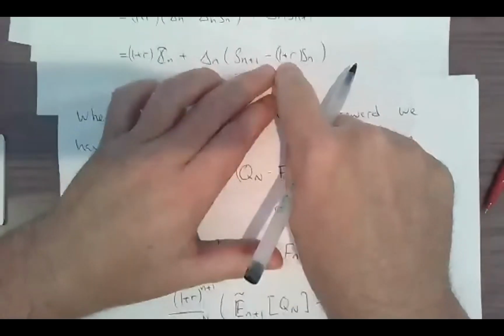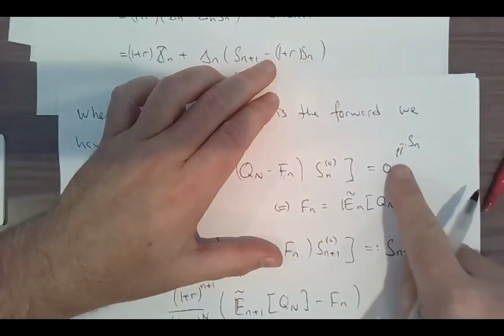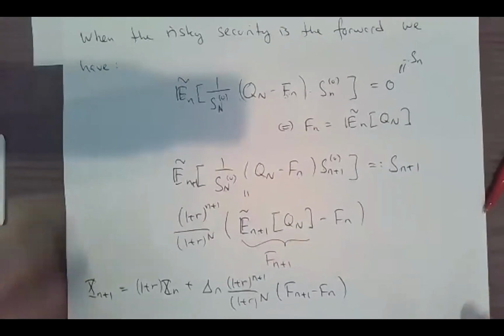Then we have minus this 1 plus r term, but it was a 0. So that's my wealth when I can trade in forwards as the underlying.